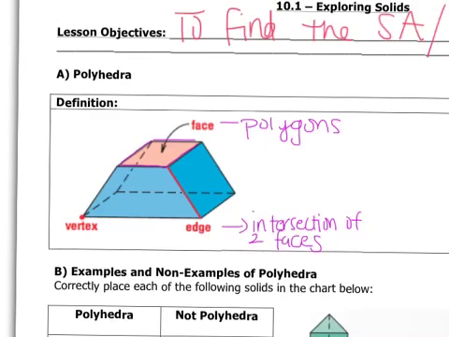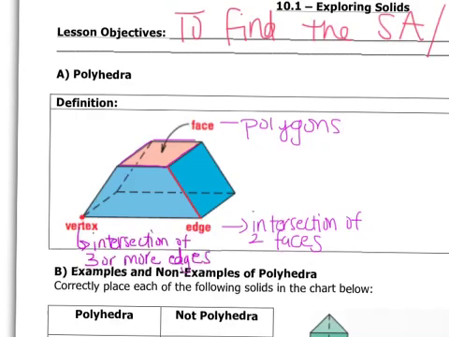And then finally, we have a vertex, which is where three or more edges meet. Intersection of three or more edges.